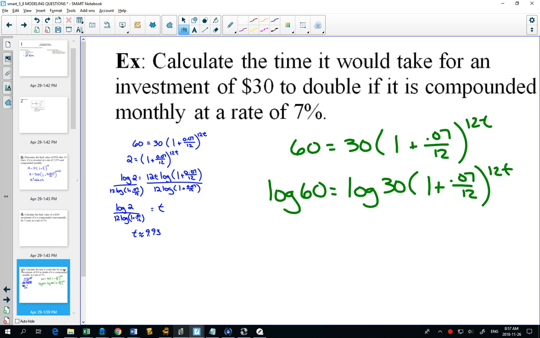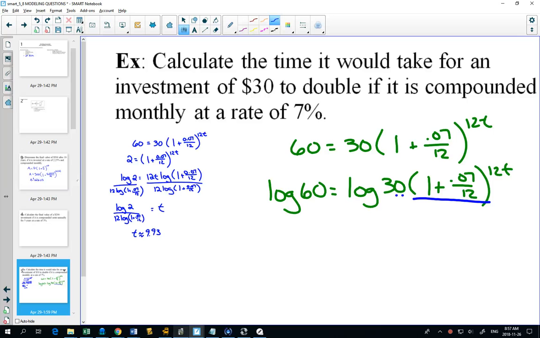The reason why simplifying it first is nice is because at this point is where students make the most common mistake. You want to bring the 12t out in front, right? That's the whole reason you take the log of both sides. However, in this situation, you're not allowed to bring that 12t out in front because that 12t is an exponent only to this.